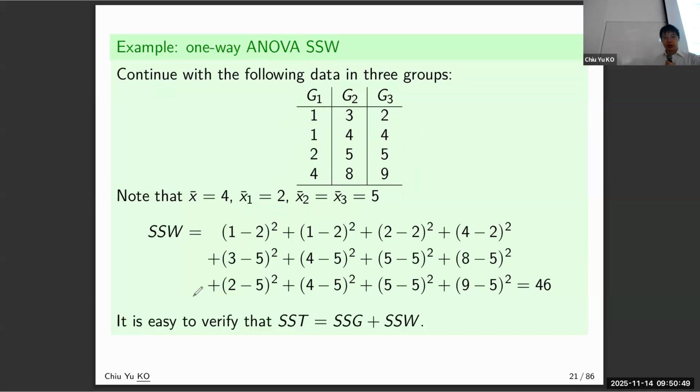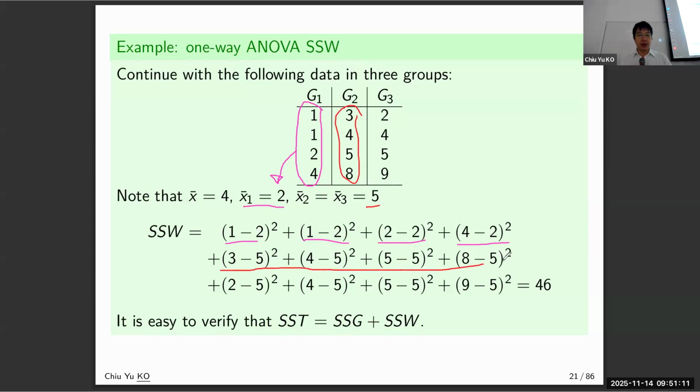The last one is within group. Within group means that each observation in each group is minus its own mean, which is 2 in this case. So that's how you get all these numbers minus 2. And for this, you minus 5 because 5 is the mean within this group.